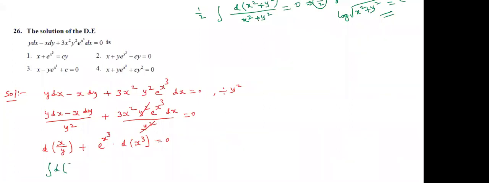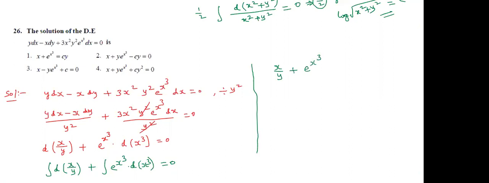Integration of derivative of x by y plus integration of e power x cube derivative of x cube is equal to 0. So here the derivative and integration cancel. Now we get x by y plus the second term e power x cube is equal to some constant. Now x plus y into e power x cube is equal to cy.